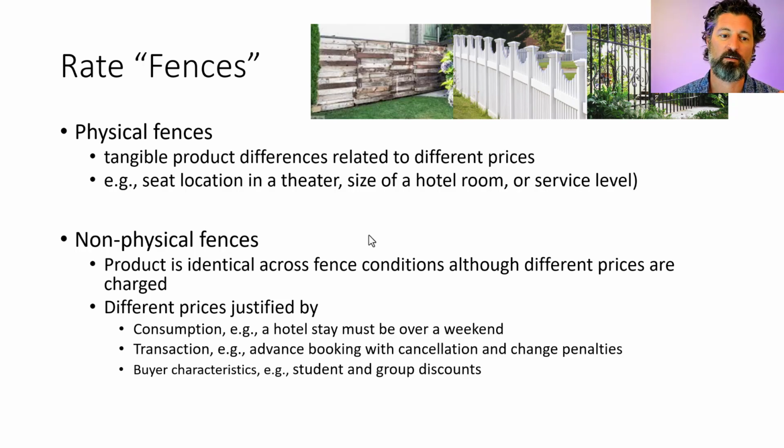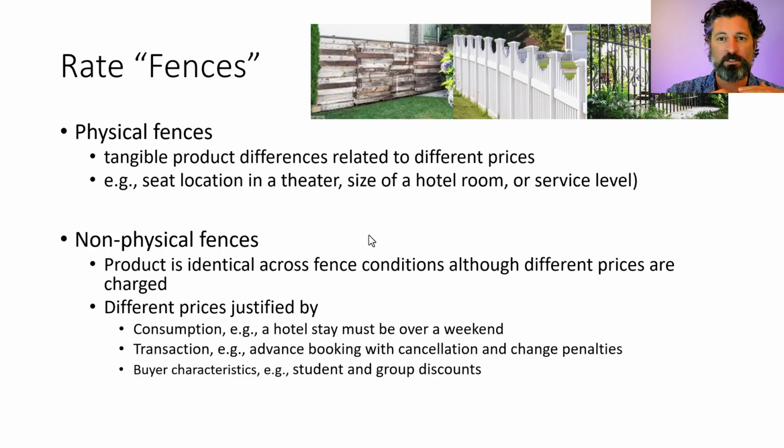Fences are essentially the things that distinguish between the different price points. We spoke about a minute ago that people don't like being charged different amounts of money for the exact same thing.